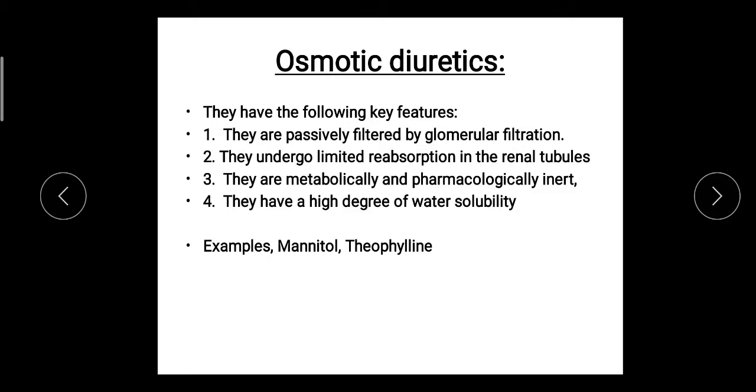Mostly these are compounds with a high degree of water solubility, and because of that they can be easily filtered through glomerular filtration. Examples are mannitol, theophylline, glycerol and sorbitol. These are the examples of osmotic diuretics.